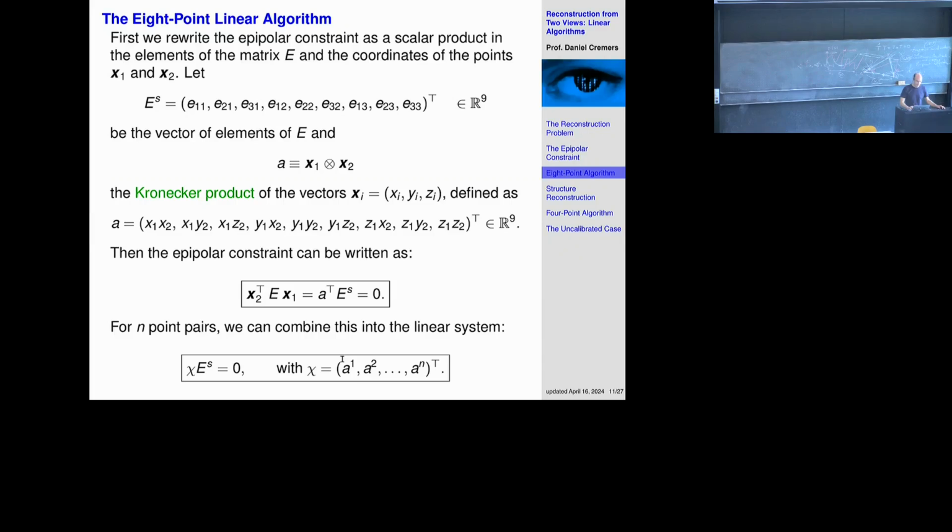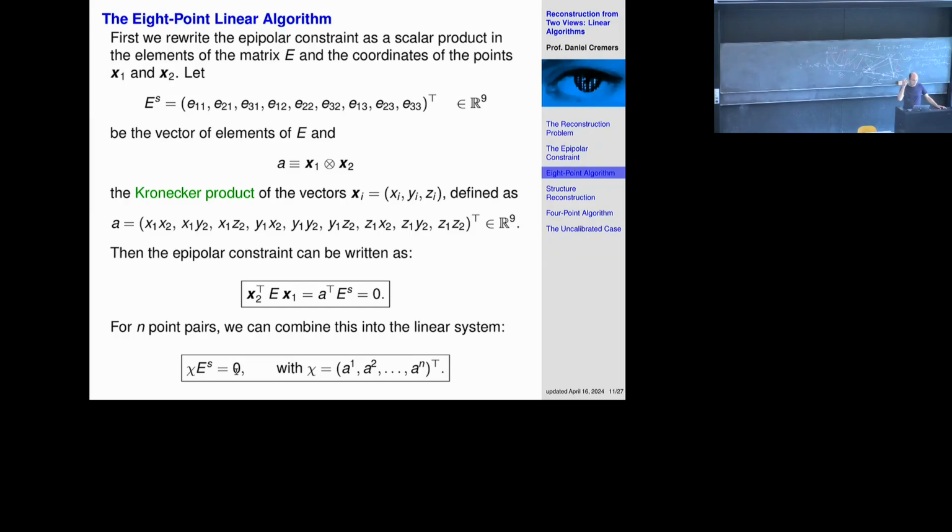So A1 is x1 cross x2 for the first point, A2 is the same for the second point, and AN is the last, so we assume we have n points, and we can build this matrix chi out of these. And then chi times the essential matrix in a stacked vector form must be 0.